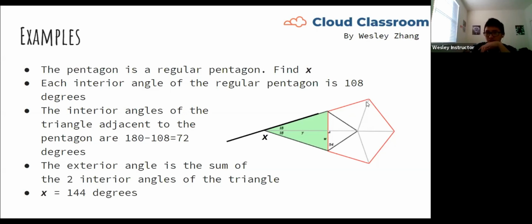It's a regular pentagon, so all these angles are equal. We divide 540 by 5, and we get 108. So each interior angle of a pentagon is 108 degrees.